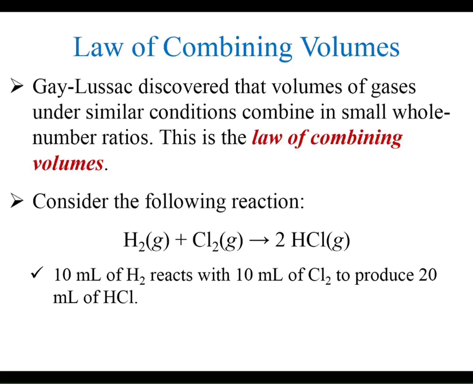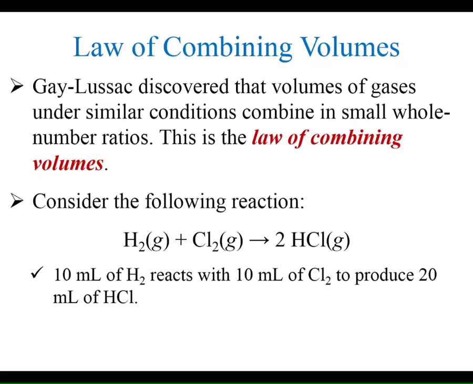That ties in exactly with what we know about the moles, right? Those ratios, 1 to 1 to 2, work for the moles. For every 1 mole of hydrogen, I need 1 mole of chlorine, and I make 2 moles of HCl. Volumes work the exact same way. For every 1 liter of hydrogen, I need 1 liter of chlorine, and I make 2 liters of HCl.